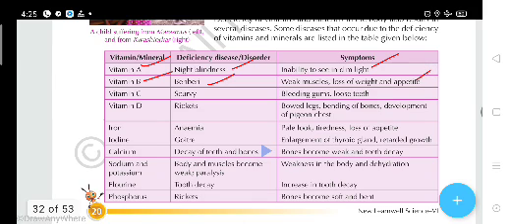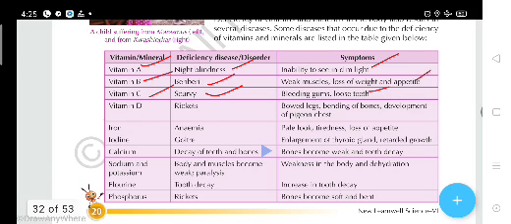Appetite means sometimes you feel that you are not hungry. Okay, this is vitamin C. If you are suffering from deficiency of vitamin C, then there is scurvy disease, bleeding gums and loose teeth. These are the symptoms.